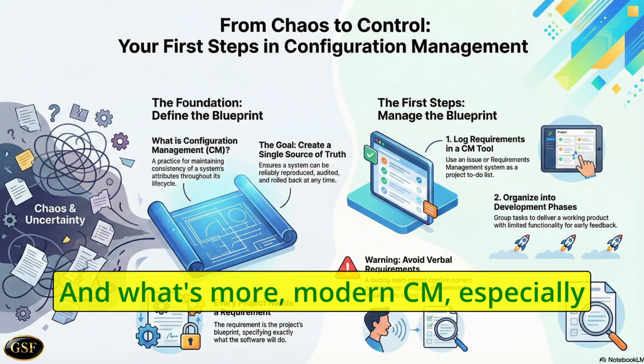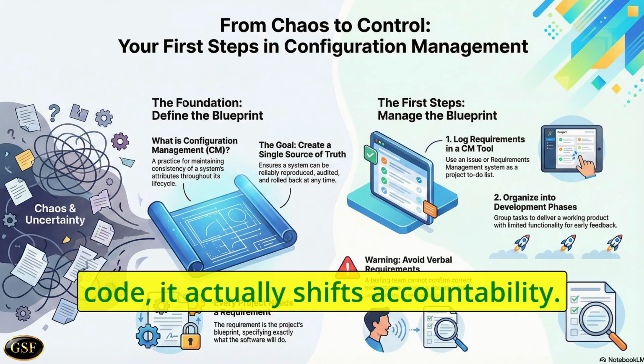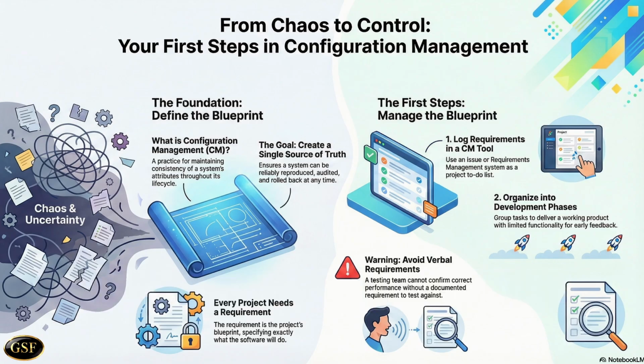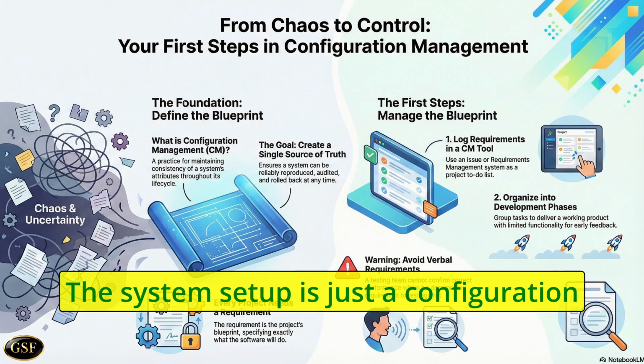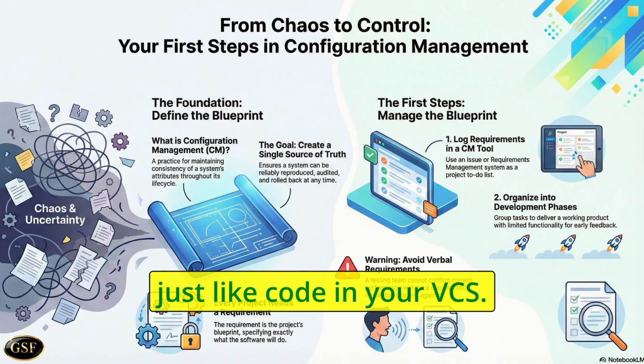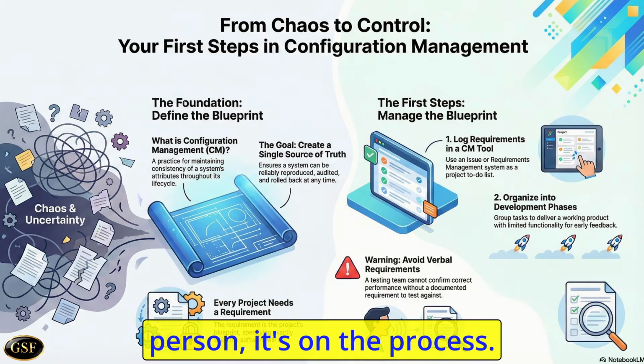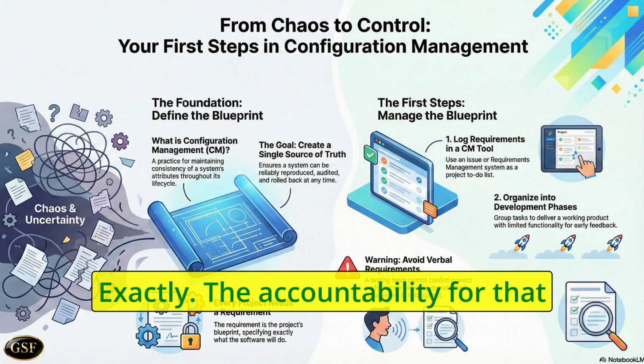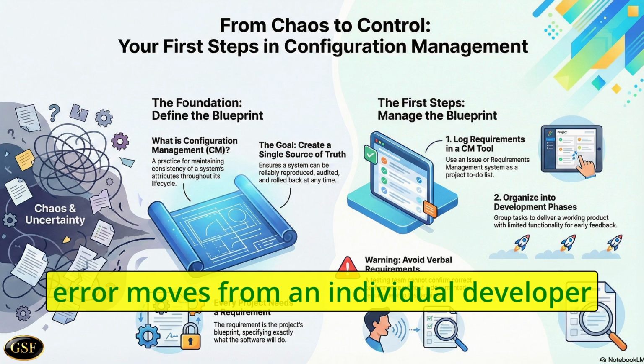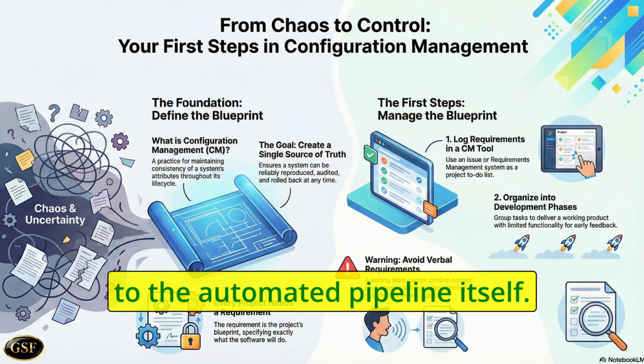That makes sense. And what's more, modern CM, especially when it's driven by infrastructure as code, actually shifts accountability. The system setup is just a configuration file, which is managed just like code in your VCS. So a config error isn't on a person, it's on the process. Exactly. The accountability for that error moves from an individual developer to the automated pipeline itself.